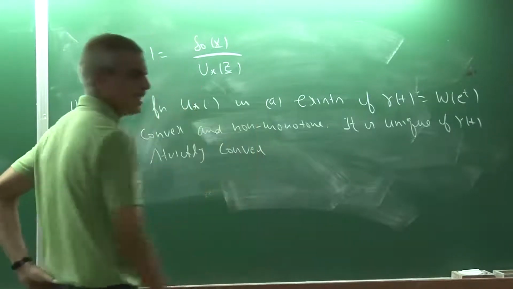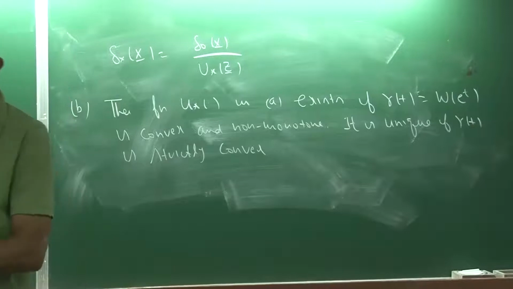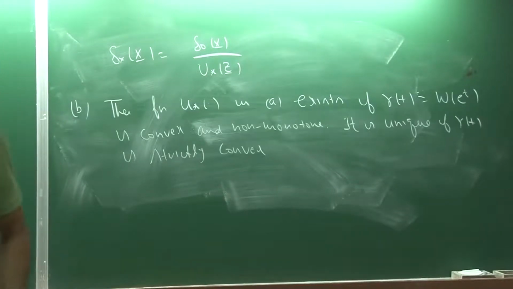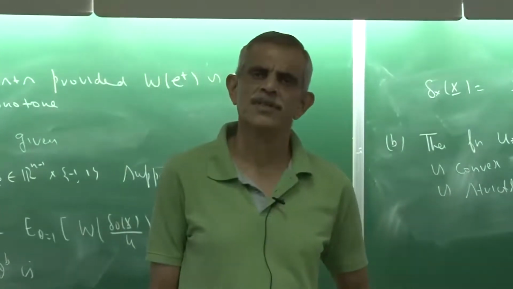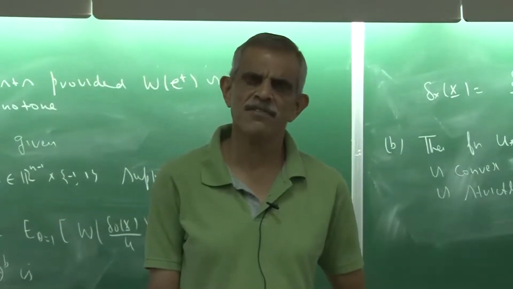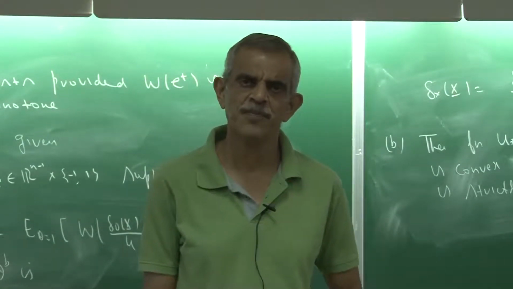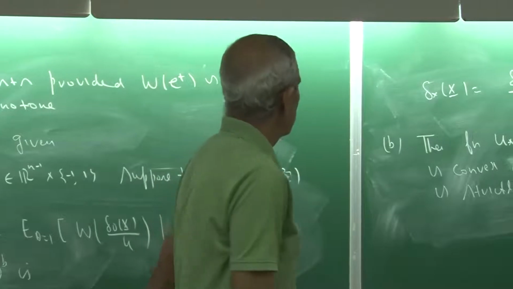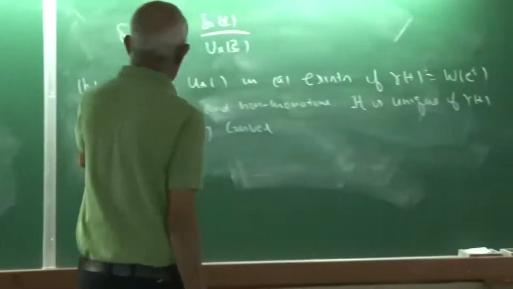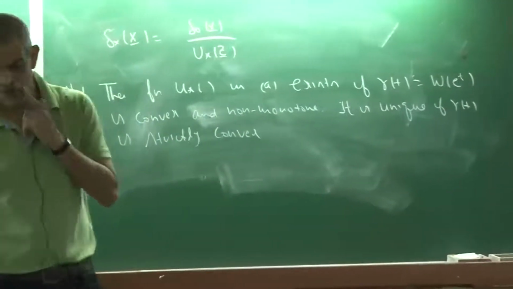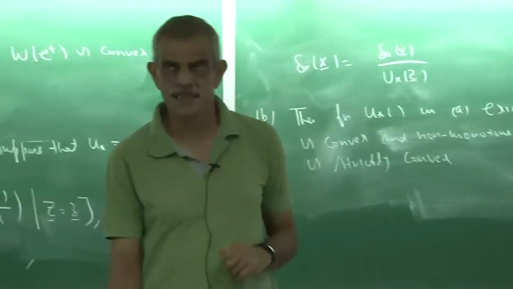It may exist in many other situations, but certainly if W of e to power t is convex and non-monotone, then the existence of the MRIE is guaranteed. And the MRIE would be unique provided W of e to power t is strictly convex.